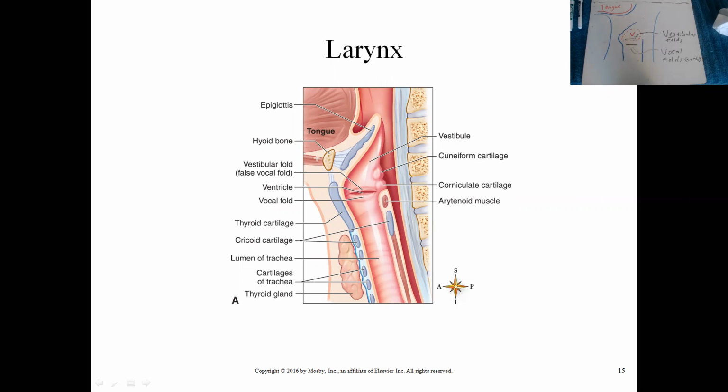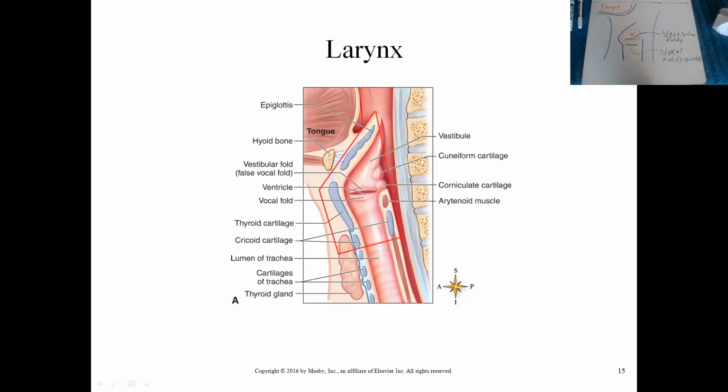We have the larynx in the neck, roughly within this boundary, a rhombus or a trapezoid, in that shape, going from just below the tongue to about the top part of the thyroid.